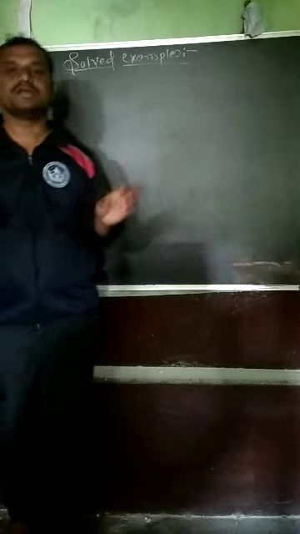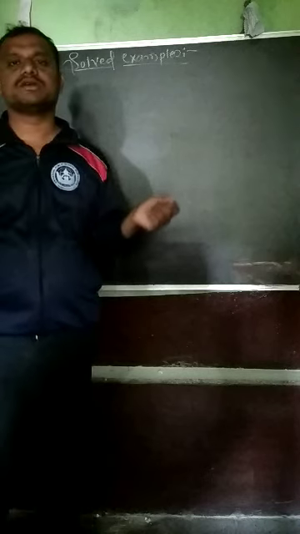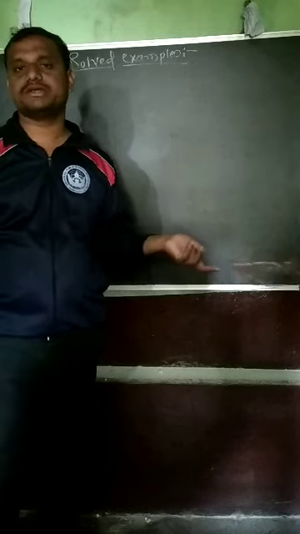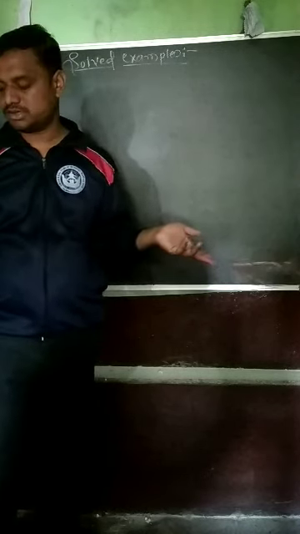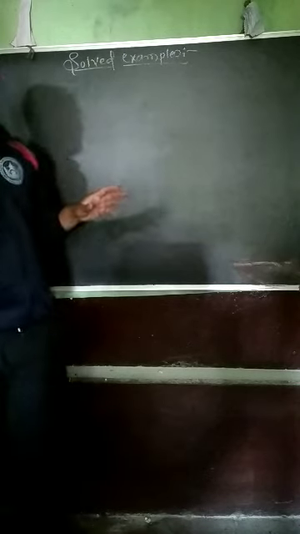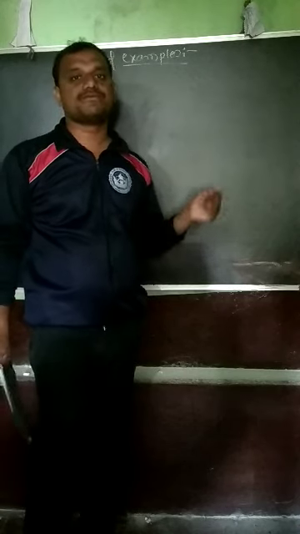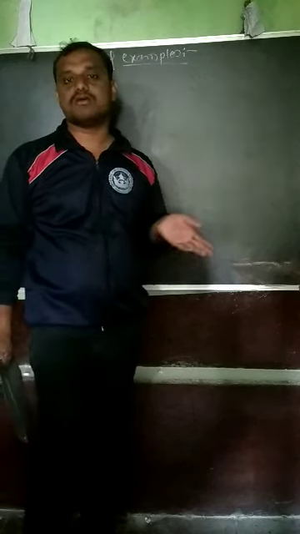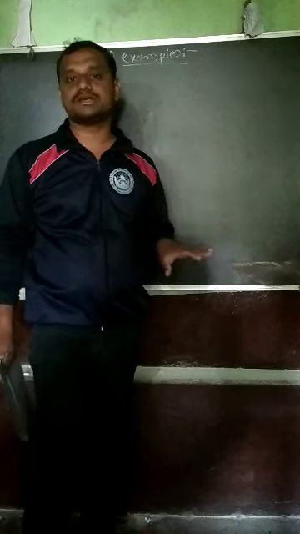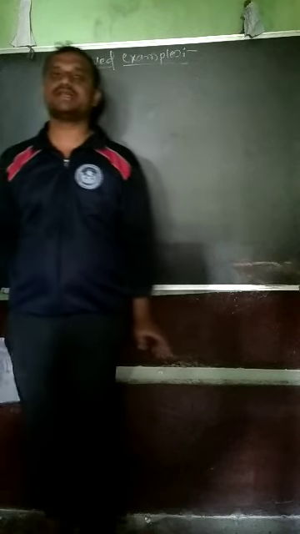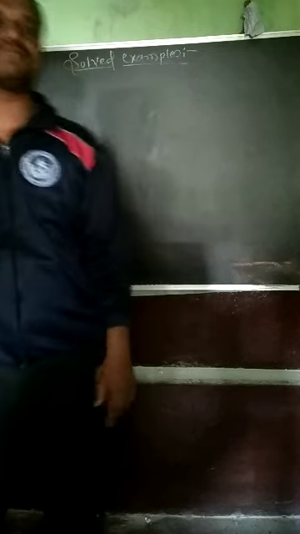An empty set is a set containing no element, called a null set or void set. A finite set contains a countable number of elements. An infinite set contains an uncountable number of elements.